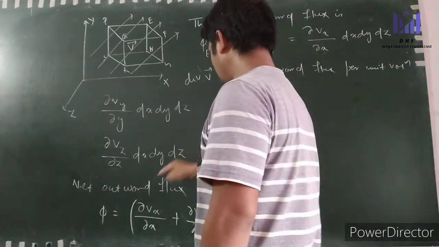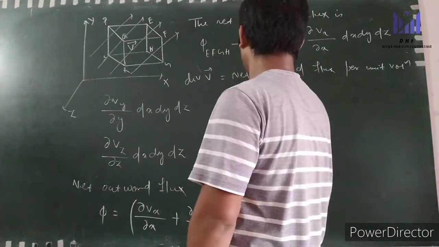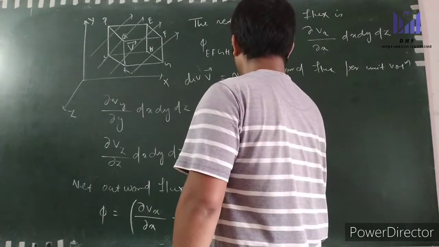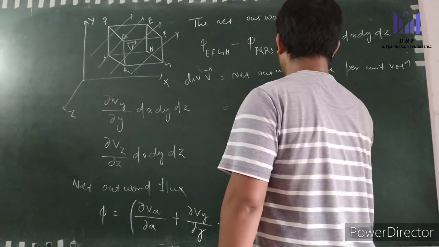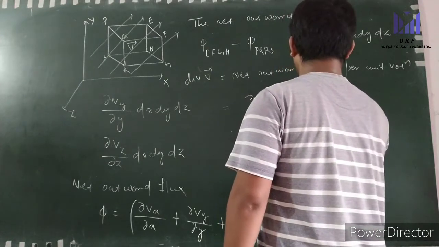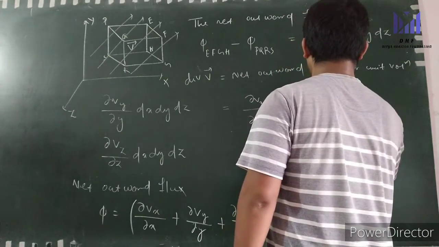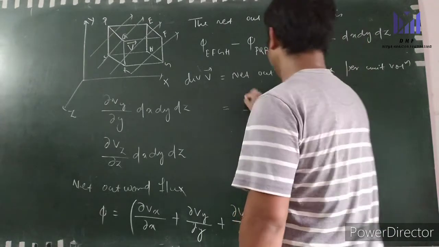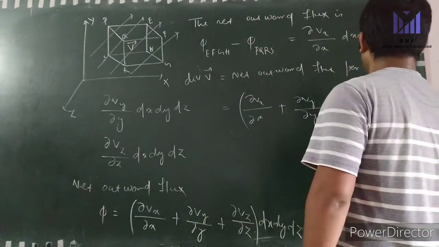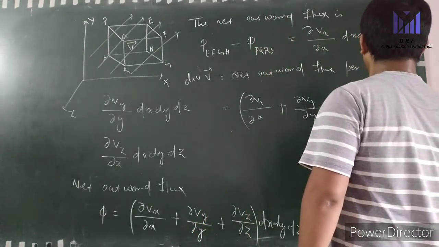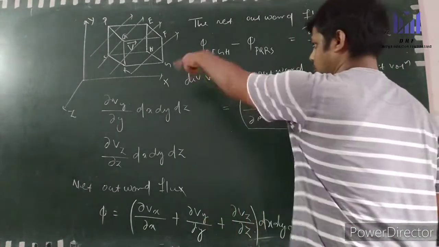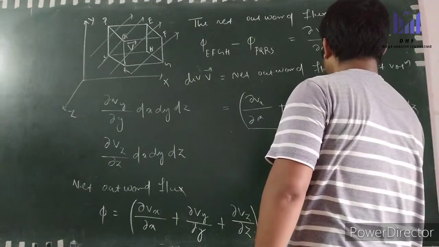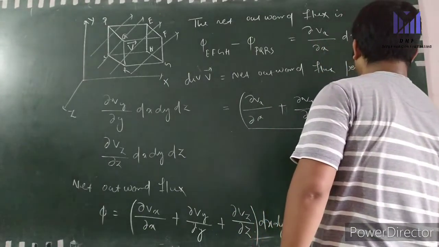So that is equal to the net outward flux, written here as del Vx by del x plus del Vy by del y plus del Vz by del z, times dx dy dz, divided by the volume, and the volume of this cuboid is obviously dx dy dz.